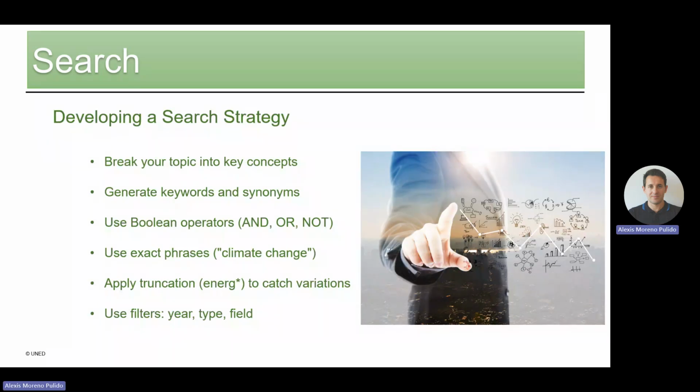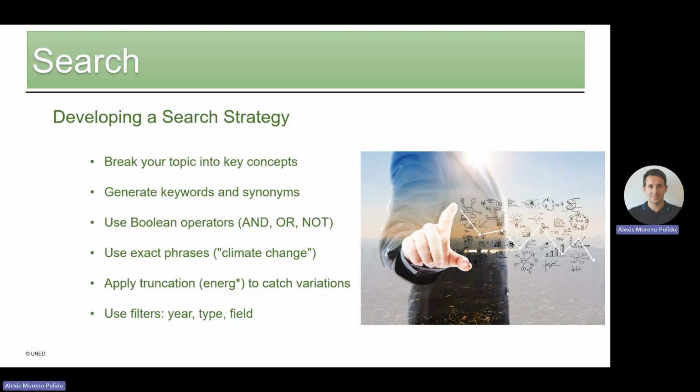Developing a search strategy. With your topic defined and sources identified, the heart of literature searching lies in your strategy for retrieving information. This involves using effective search techniques to get comprehensive and relevant results.